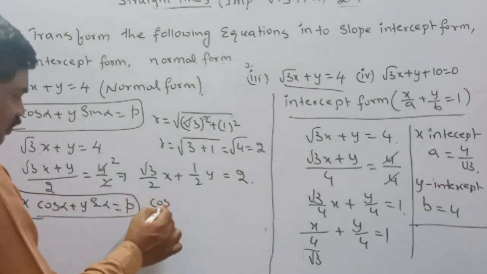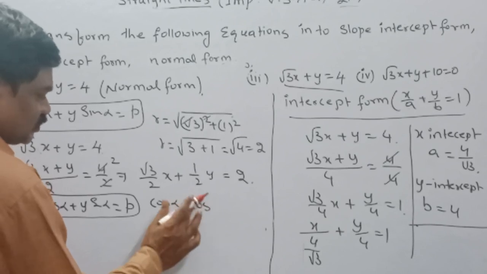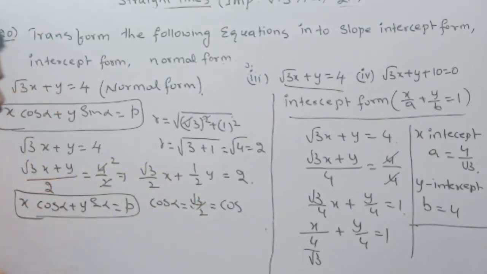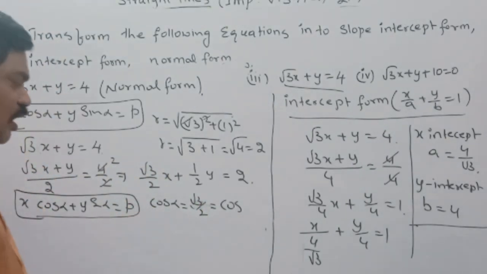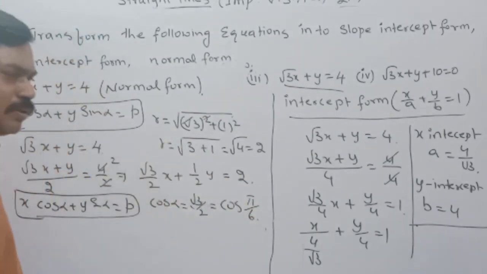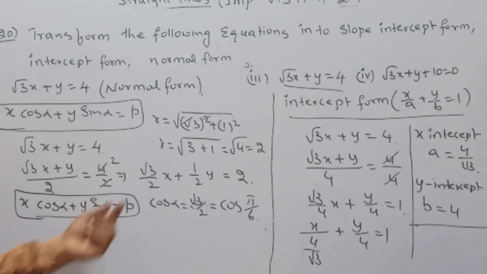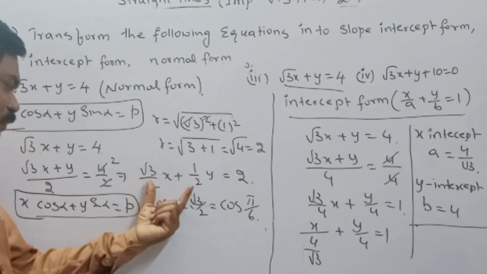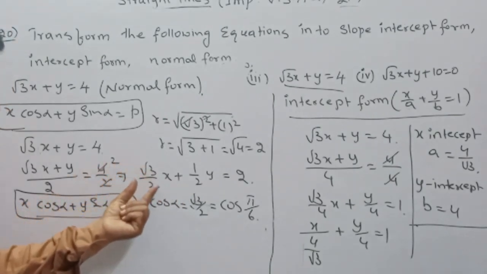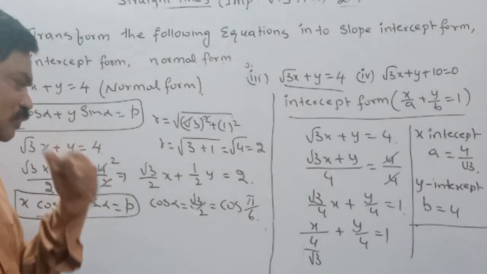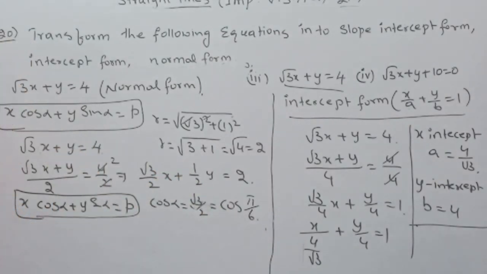Here, cos alpha is equal to root 3 by 2, which is cos how many degrees? This is cos pi by 6, that is 30 degrees. Both are positive: cos alpha is equal to root 3 by 2, positive, and sin alpha is equal to 1 by 2, positive. Then we say these angles are in the first quadrant.